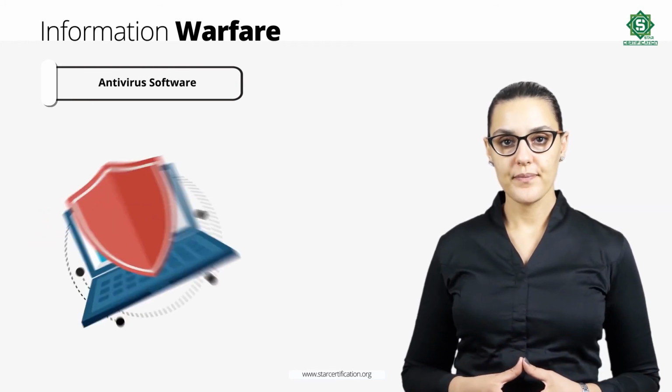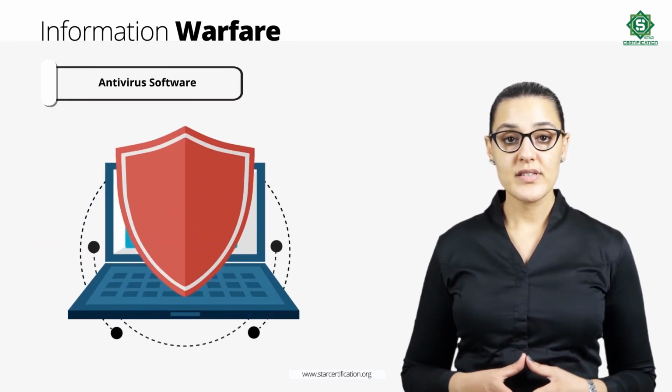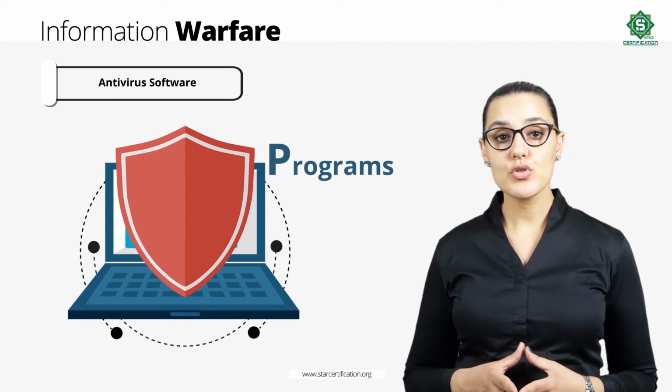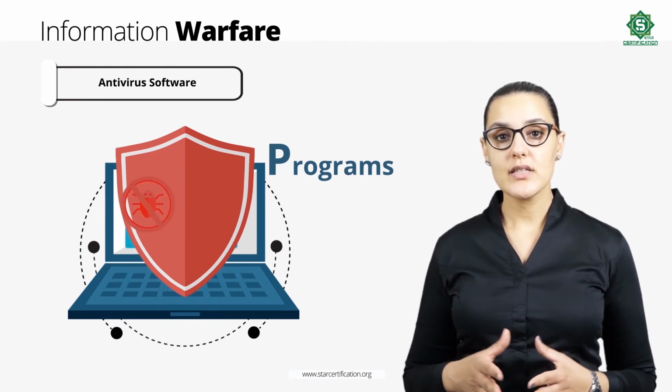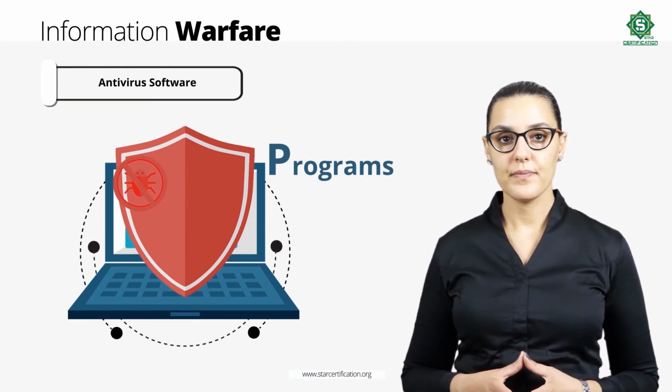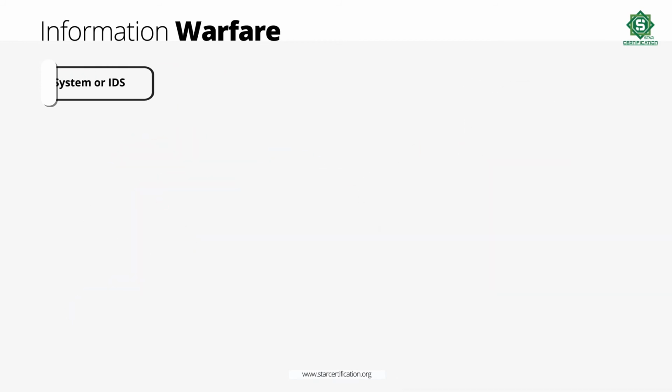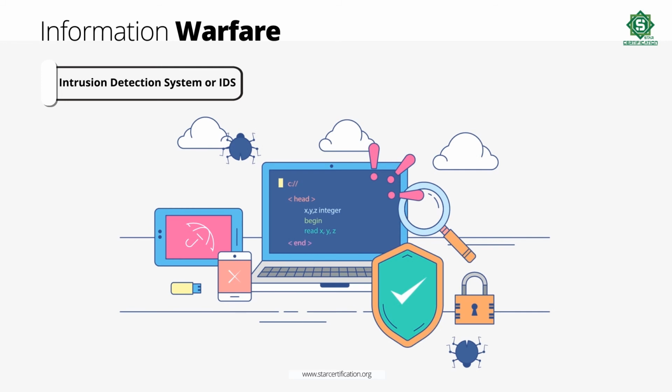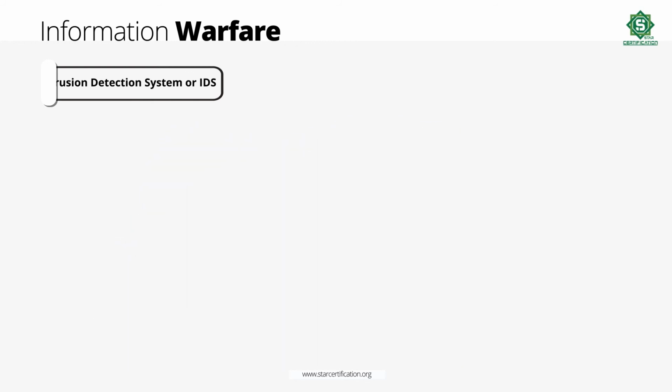Antivirus software. Antivirus software is a set of programs which is used to prevent, search, and detect malicious programs. Intrusion Detection System, or IDS. IDS is a software or hardware program which continuously monitors a network for security violations.